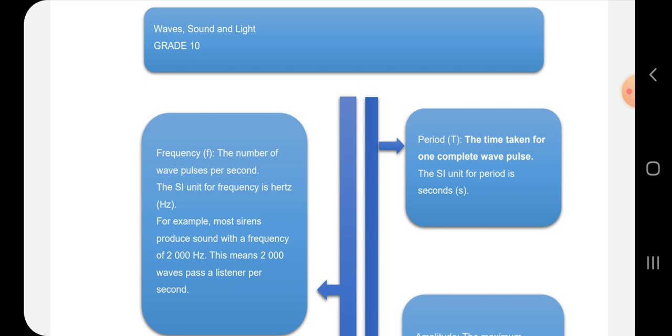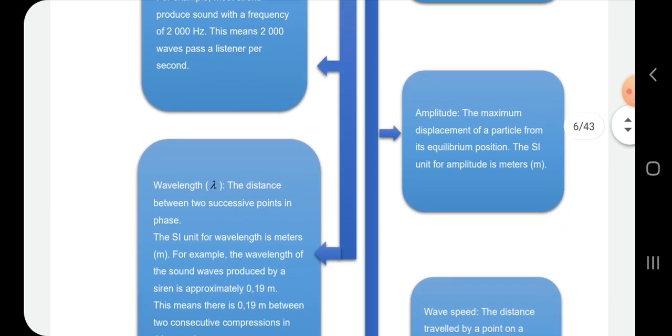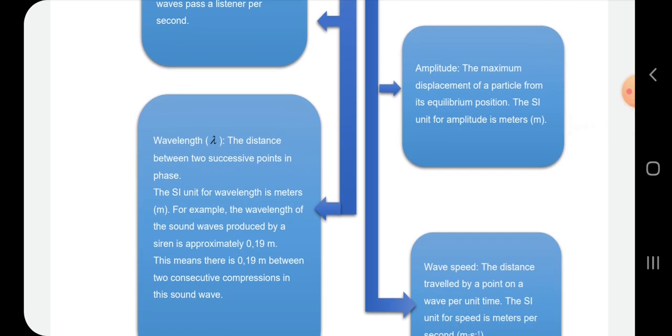With regards to waves, sounds, and light from grade 10, we did frequency, which is the number of wave pulses per second, and the SI unit for frequency is hertz. Then we have period, the time taken for one complete wave pulse, and the unit for period is seconds. Amplitude is the maximum displacement of particles from their equilibrium position, and the SI unit for amplitude is meters.